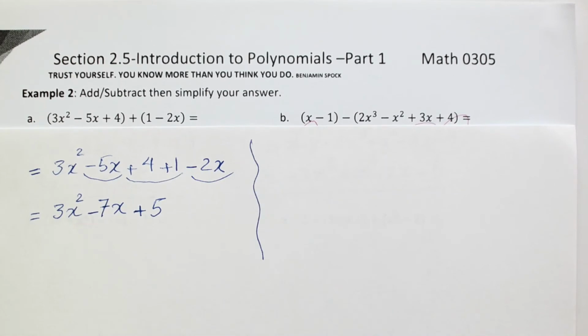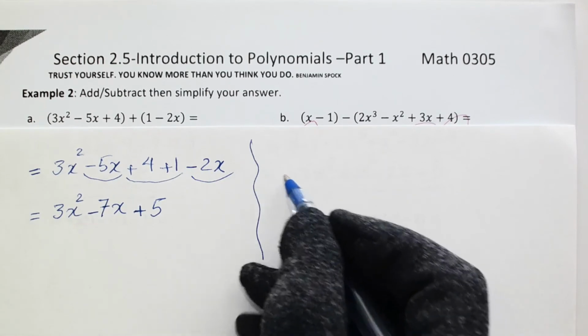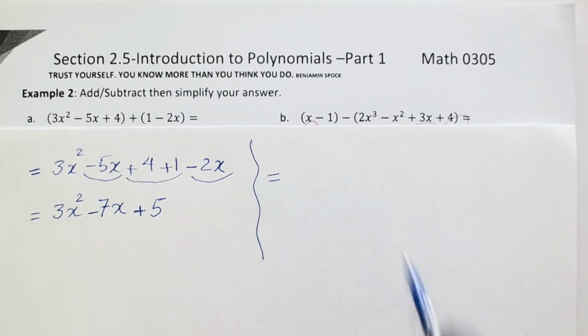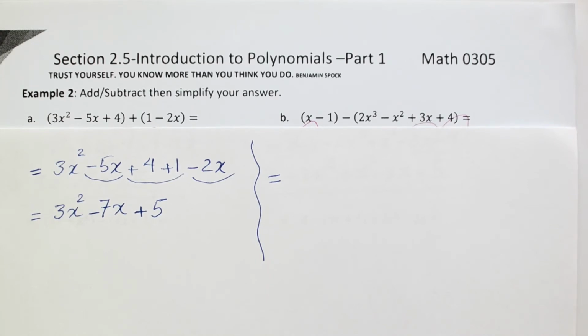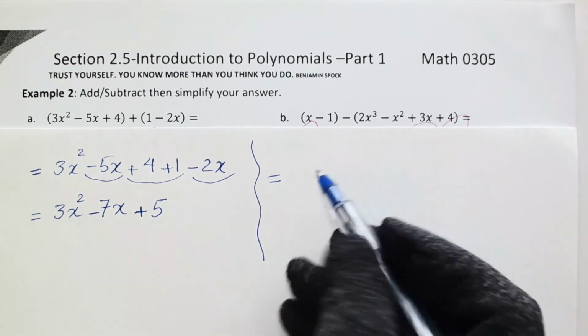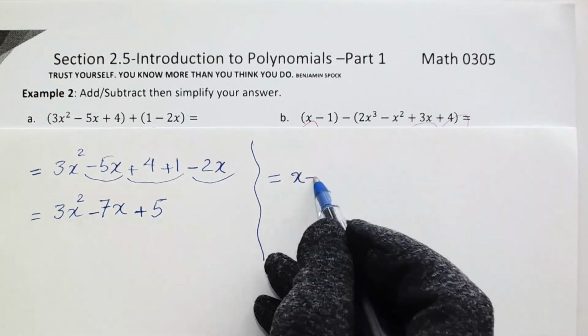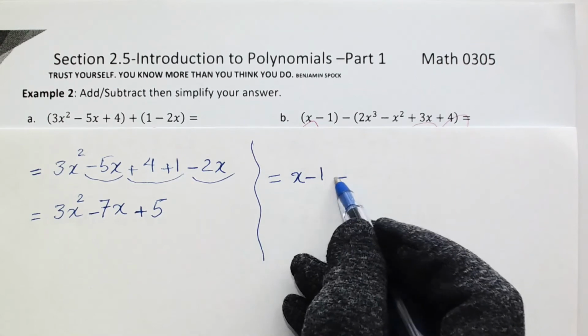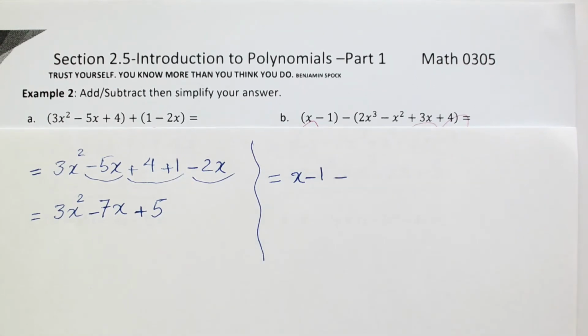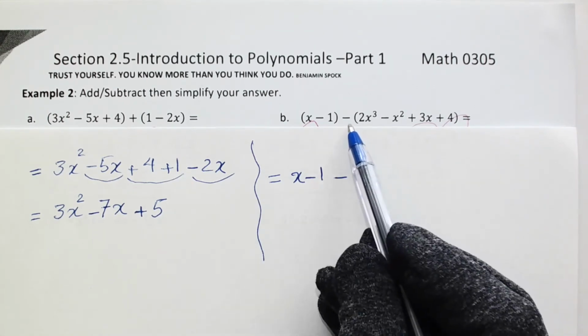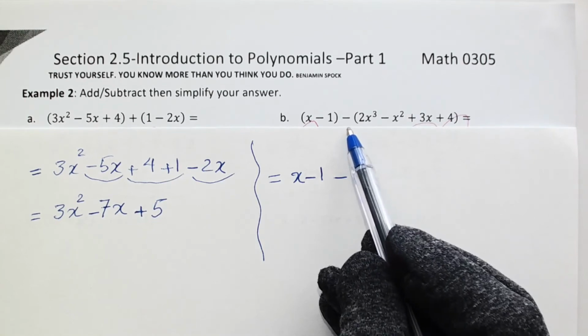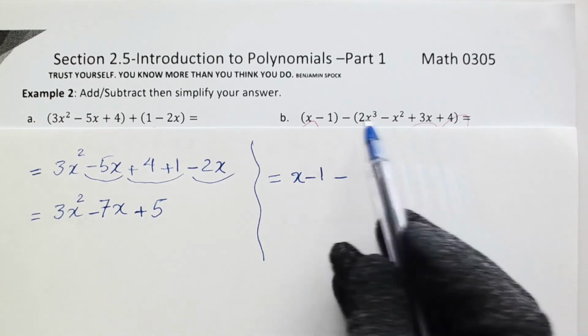Let's do part B. In part B, we have x minus 1 minus (2x cubed minus x squared plus 3x plus 4). Again, the first step is to get rid of parentheses. Here you need to pay attention if you have a negative before the parentheses.